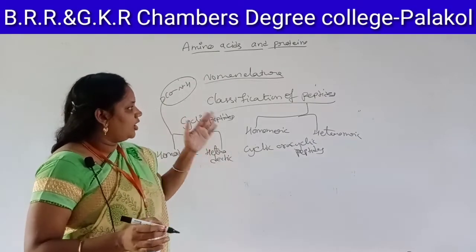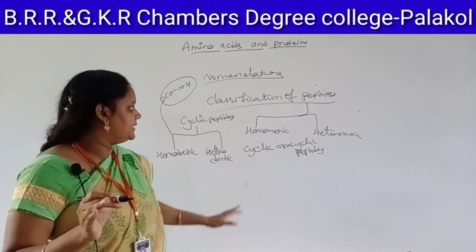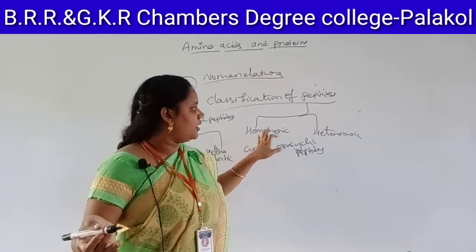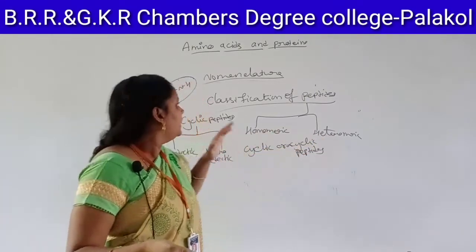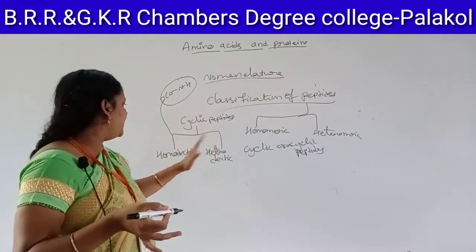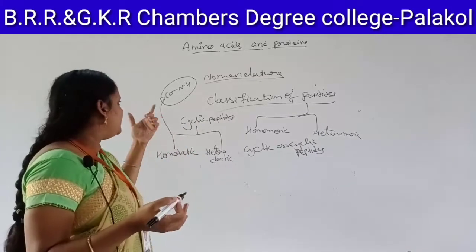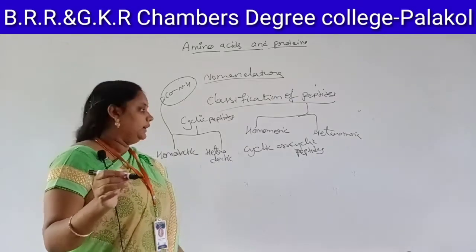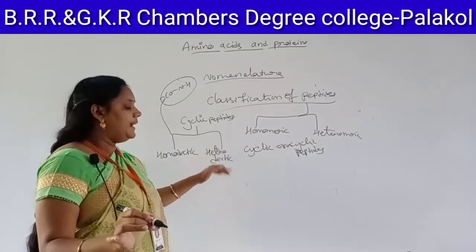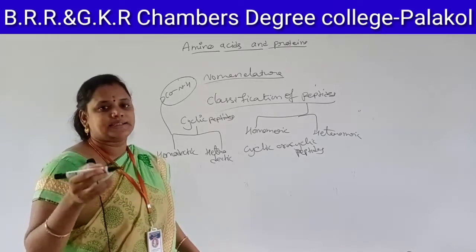Understood students? Normally, peptides on hydrolysis give, if only amino acids, then they are called homomeric peptides. Along with amino acids, if other products are also formed, then they are called heteromeric peptides. In this case, if you take cyclic peptides only, they are again divided into two types: homodetic, heterodetic. Homodetic peptides contain only CONH linkage, whereas heterodetic peptides contain CONH linkage and other linkages also.